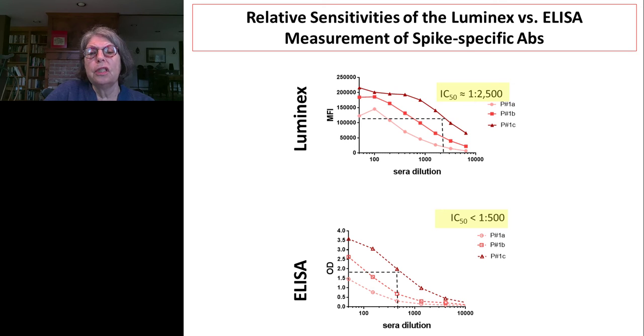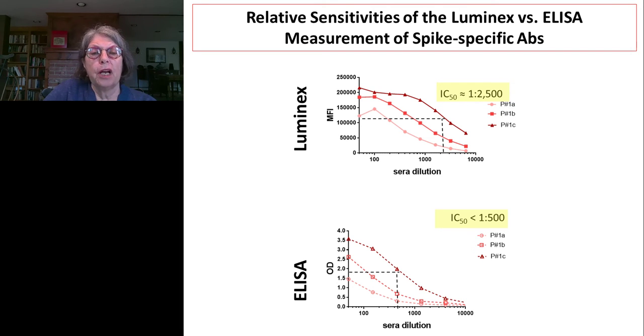They're color-coded here: the specimen from day 8 in salmon color, in red the specimen from day 11, and in maroon the specimen from day 15.